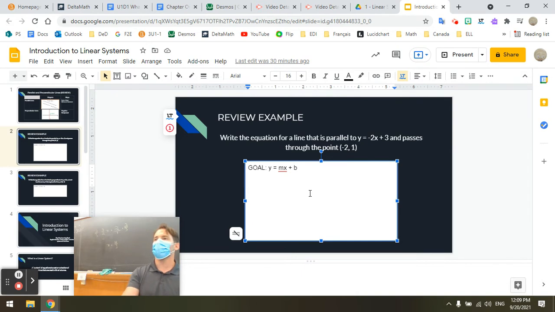Well, the first thing that I want to do is identify the slope of the line that's going to be my goal. I know that I'm looking for a line that's parallel to y is equal to negative 2x plus 3. So what will the slope of the desired line be?